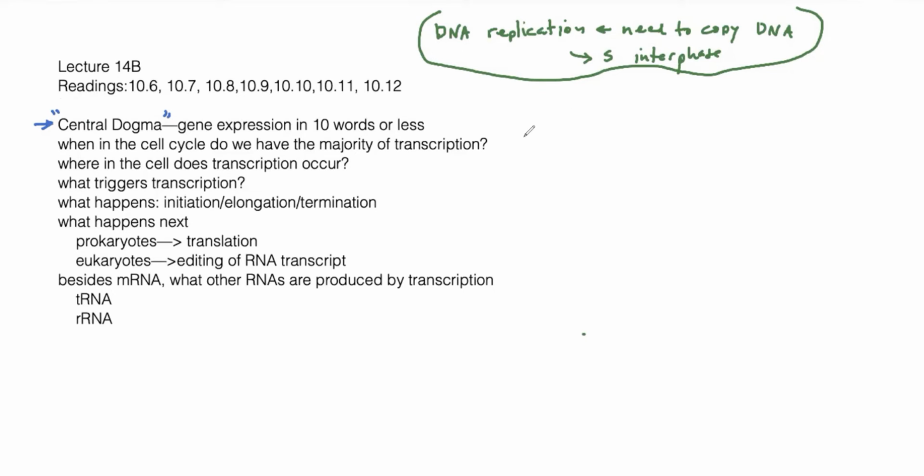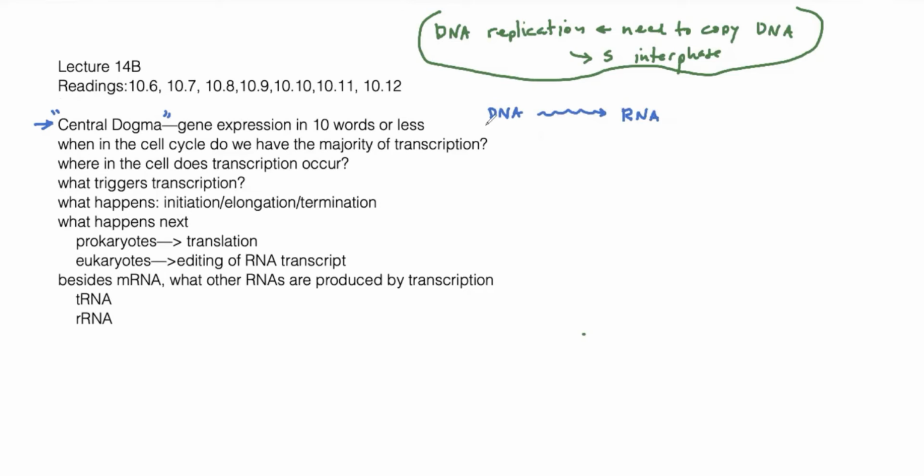Anybody who's taken a biology class knows that the central dogma describes the flow of information through the cell, where information starts off in the DNA. DNA information is transcribed to make a molecule of RNA, which is a carrier molecule. It carries the genetic information.